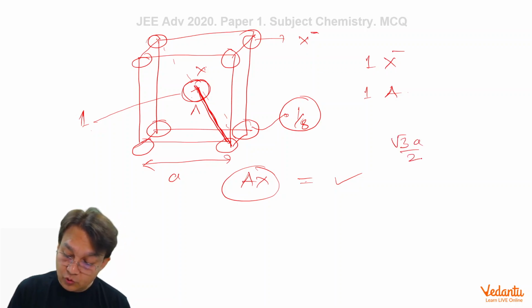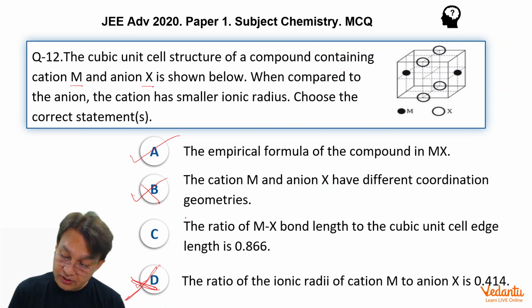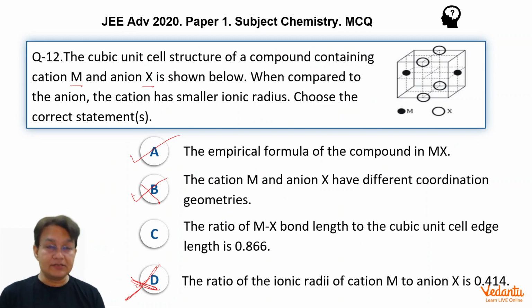So we are comparing root 3a by 2 with a. Obviously the ratio is root 3 by 2, which is very close to 0.866. So this option turns out to be a correct option. The correct answer of this question is A and C.